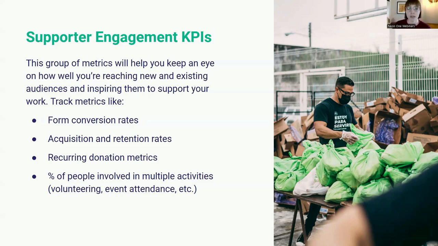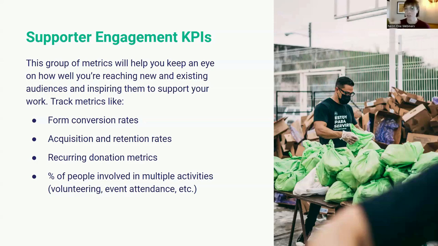You can also track acquisition rates for your supporters too. I go into that a little more in detail in the KPI worksheet that I shared. But you can look at what rate you are attracting new donors, new members, new volunteers, and other supporters. You can also track, and this is where it gets really cool, it does take a little extra work, but you can also look at what percentage of your supporters are involved in more than one activity.